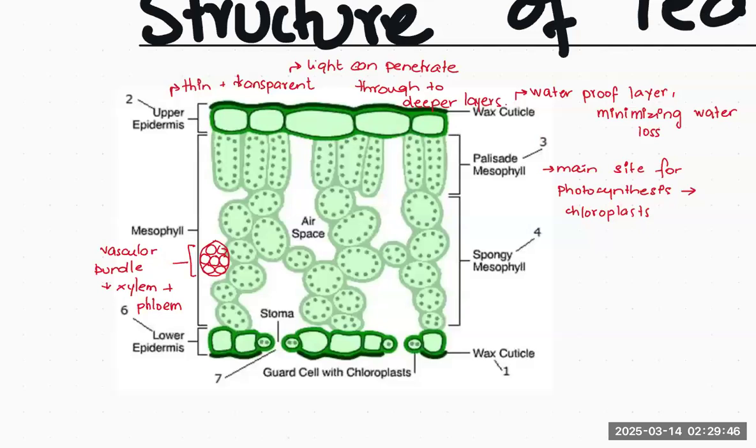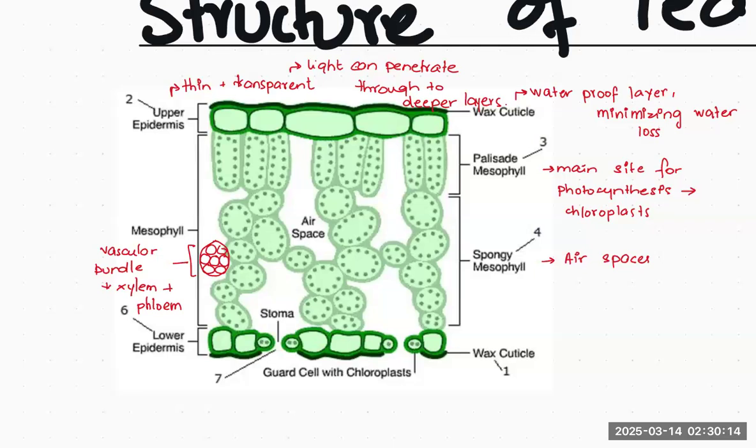Then we have spongy mesophyll cell. Spongy mesophyll cell is where our gaseous exchange basically takes place, right? The main feature of the spongy mesophyll is that it has air spaces. Spongy mesophyll also has chloroplast, not as much as the palisade mesophyll, but they can also do photosynthesis.